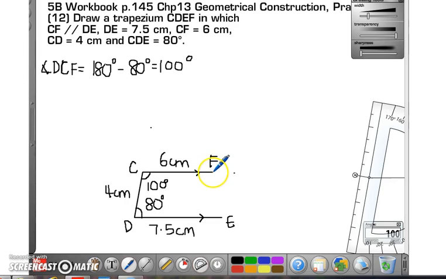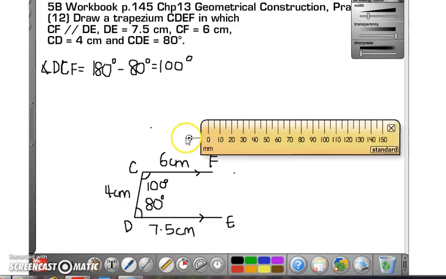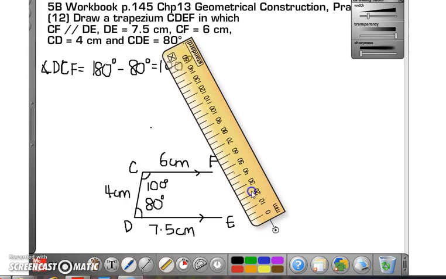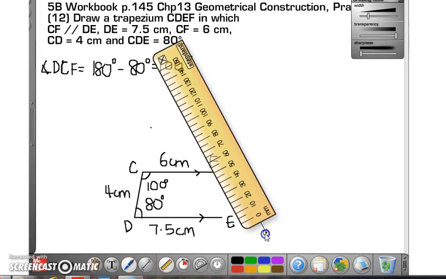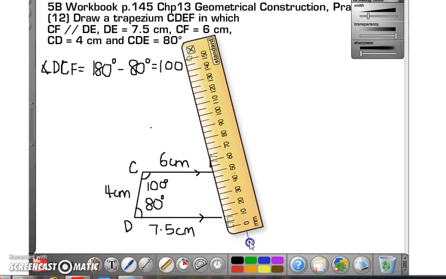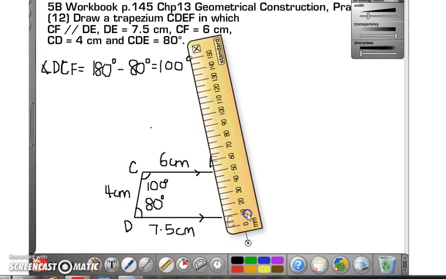I need to join point F to point E to get my line FE. So placing a ruler over, making sure that points E and F touch as you place it over your ruler.